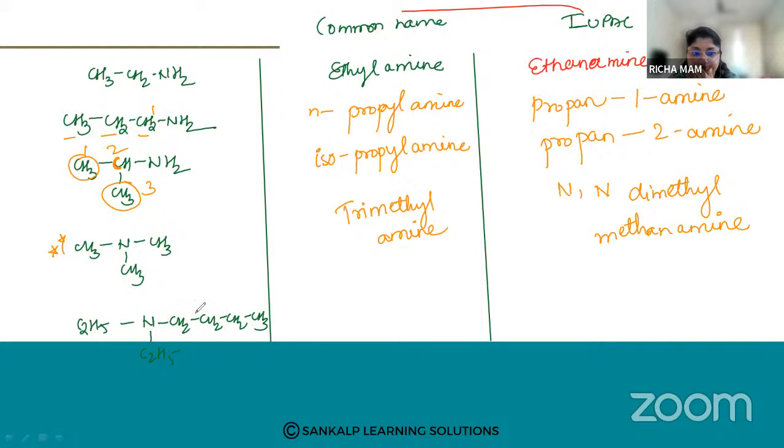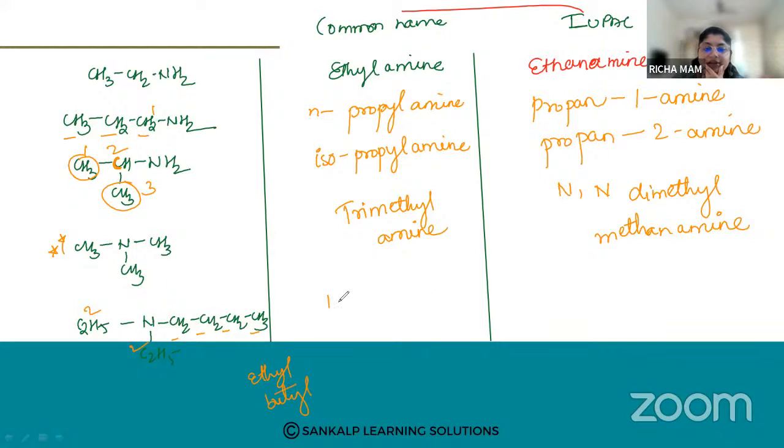Next one. So this is 1, 2, 3, 4 carbons, and you have two, what? Ethyl groups. So does ethyl come first or butyl come first?